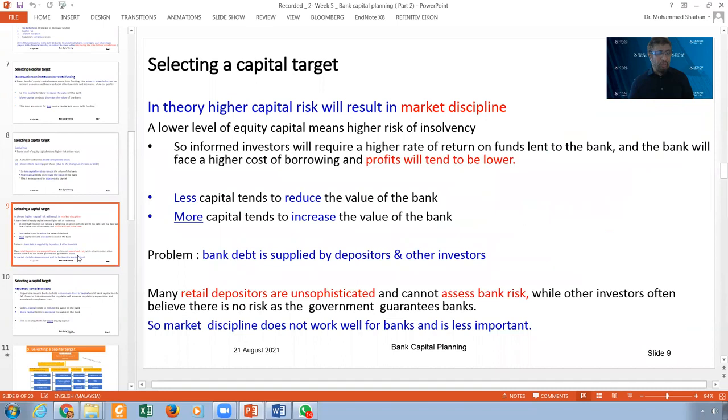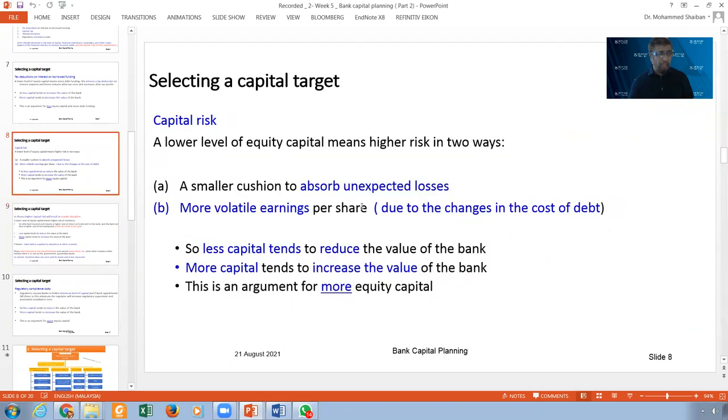Now, the second issue is more volatile earnings. Look, if my leverage is very high, say talking about 95 and 96% of my total assets, it means I'm paying interest to my debt holders. And this interest most of the time could be volatile.